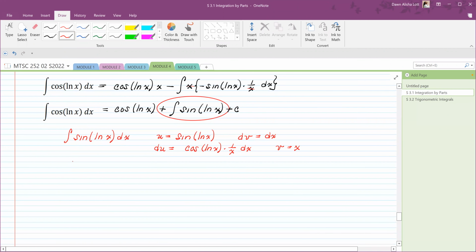So now the integral of the sine of natural log of x dx is u, which is the sine of the natural log of x, times v, which is x, minus the integral of v, which is x, and du, our du is perfect, cosine of natural log of x times 1 over x dx.